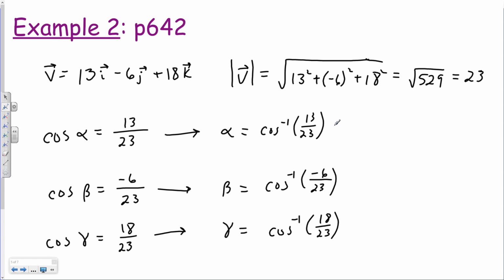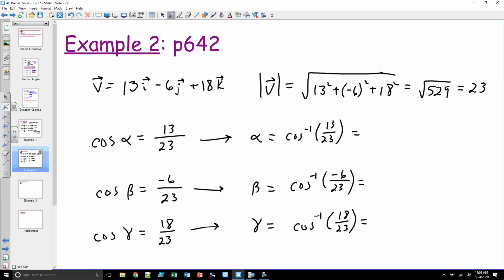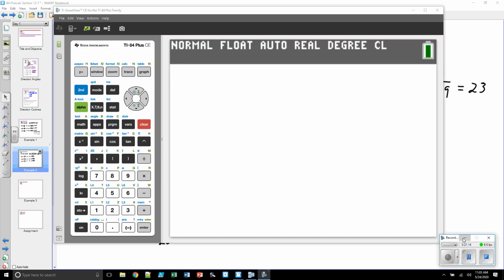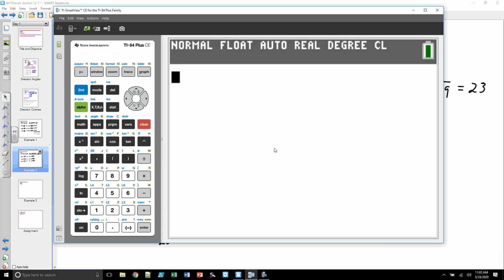Let's punch those in our calculator so we can see what those are equal to in terms of their direction angles. The first one was the cosine inverse for alpha, cosine inverse of 13 over 23.